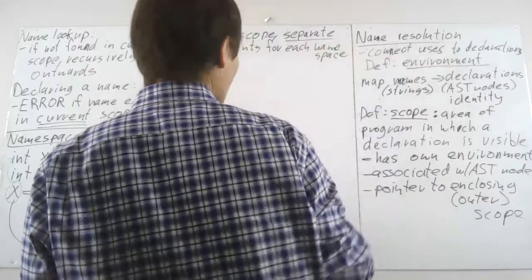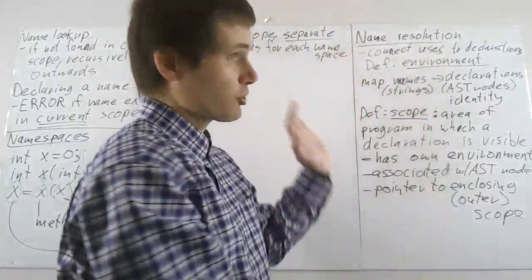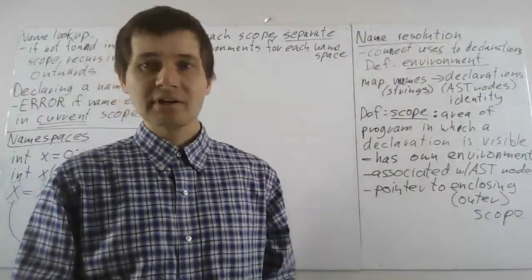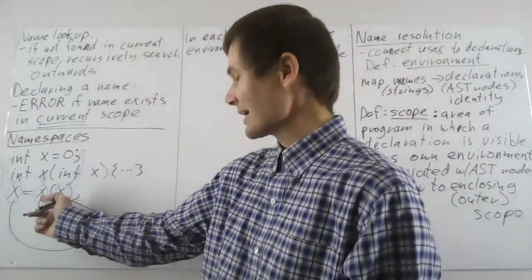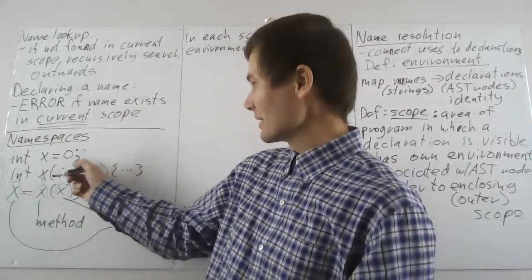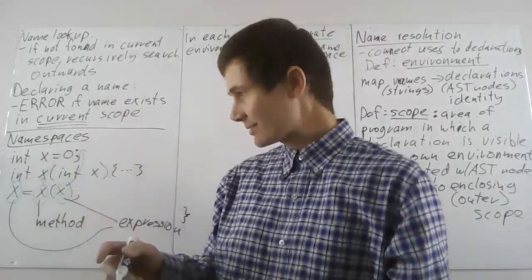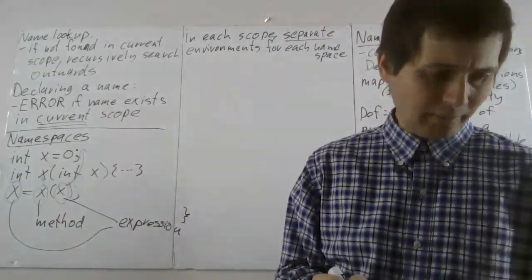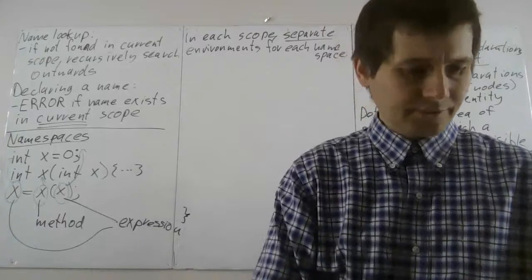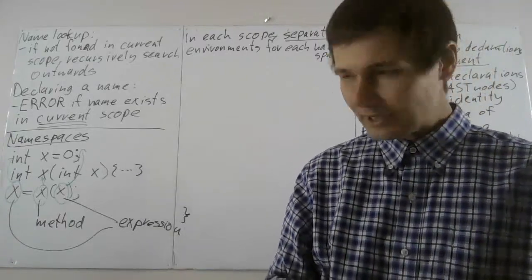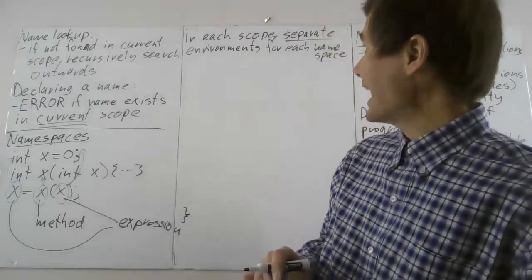So we'd actually have two environments, two maps, one for methods, one for fields. For this X, we would look in the method environment and find a pointer to the method AST node. For this X, we would look in the expression one. So the namespace is determined syntactically.